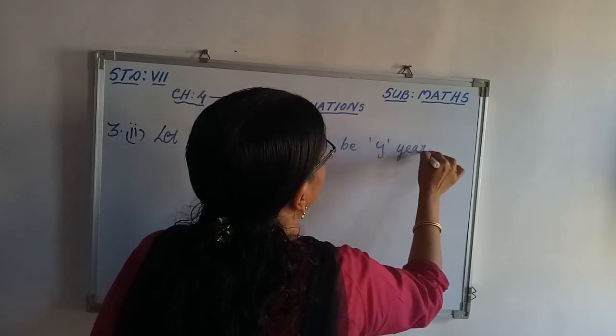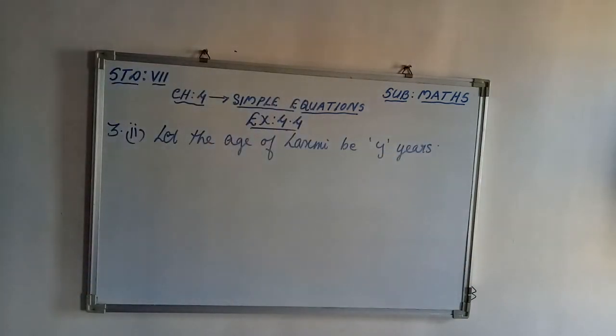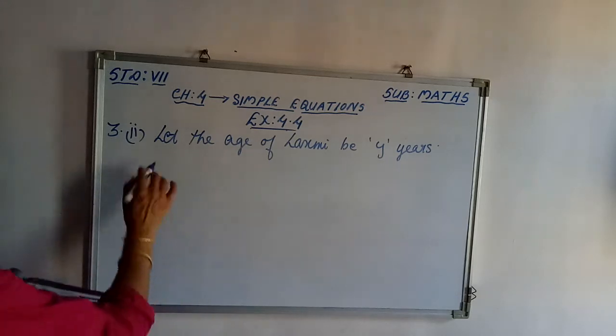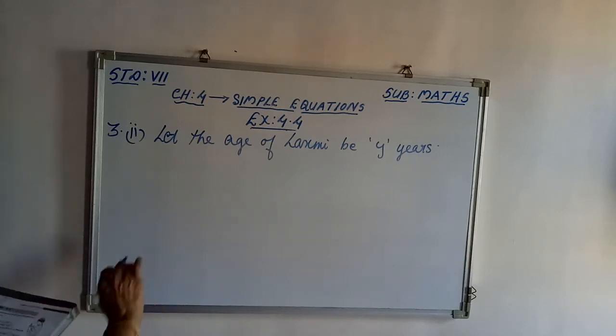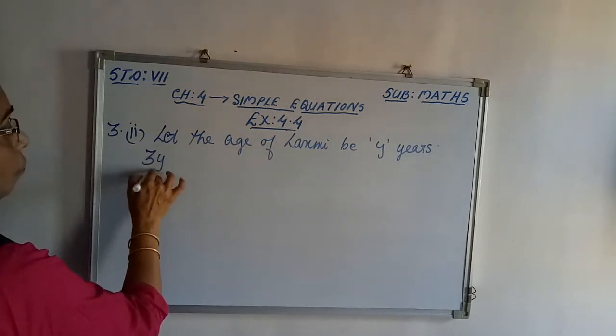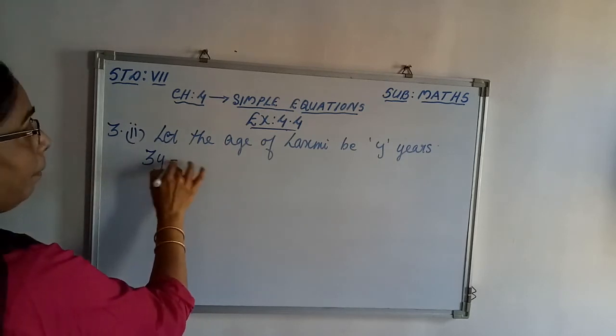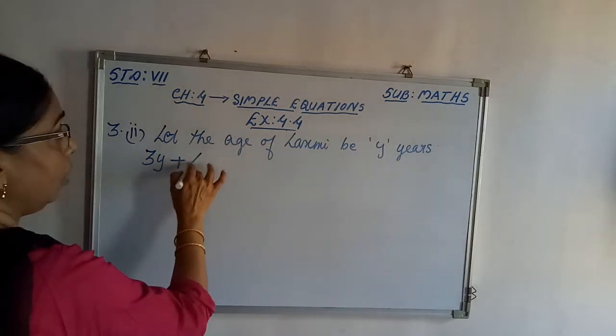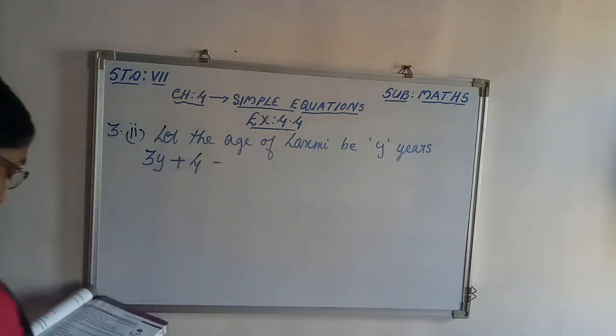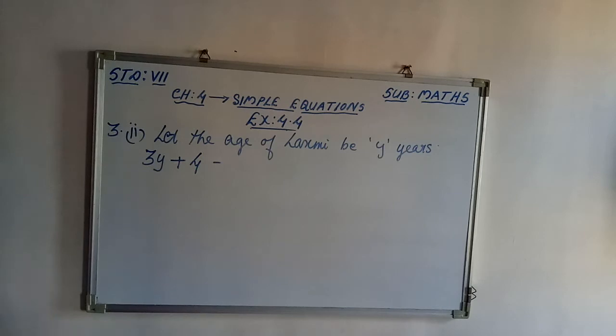Then what is the age of her father? He is 4 years older than 3 times Lakshmi's age. So 3 times Lakshmi's age means 3 into y, plus 4 years older means you have to add 4, equal to 49. That's the given condition.